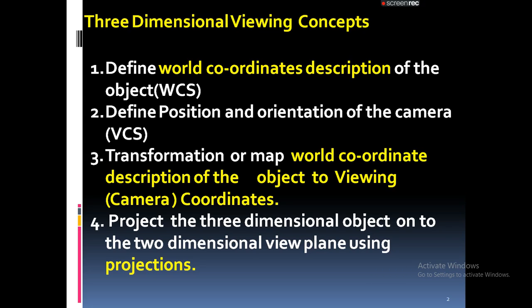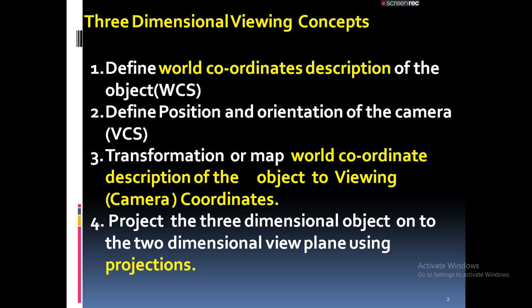Today I would like to introduce how we use synthetic camera concepts in three-dimensional viewing, or in computer graphics. When we want to introduce the synthetic camera model in OpenGL, I need four steps. First step, I am supposed to define the object position in the world coordinate system.